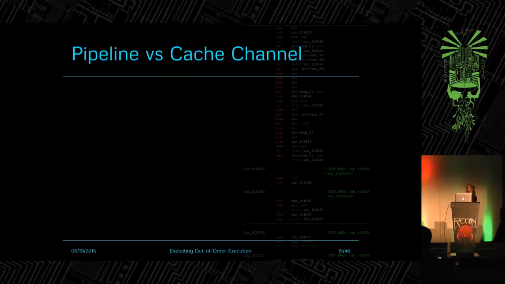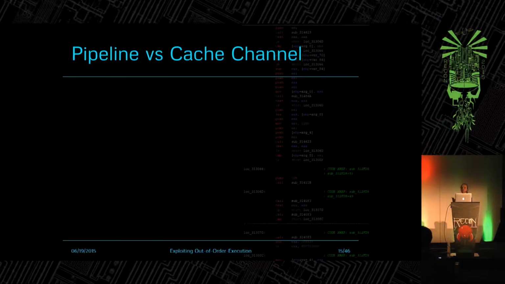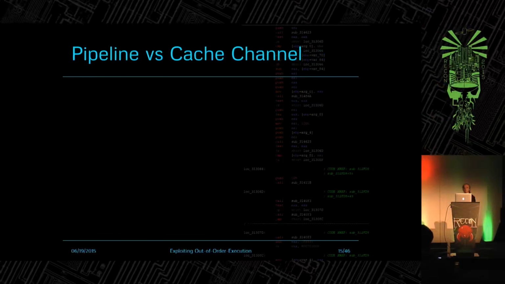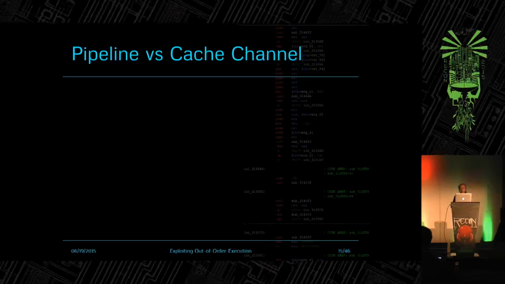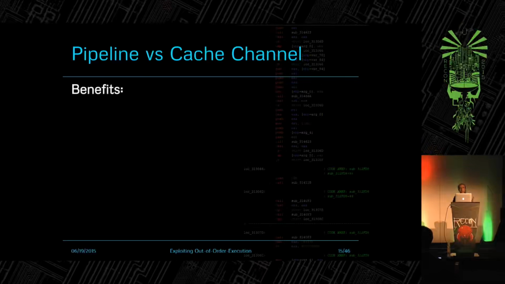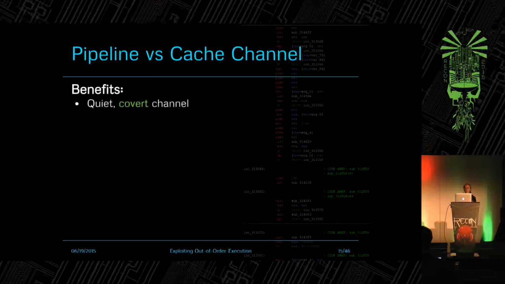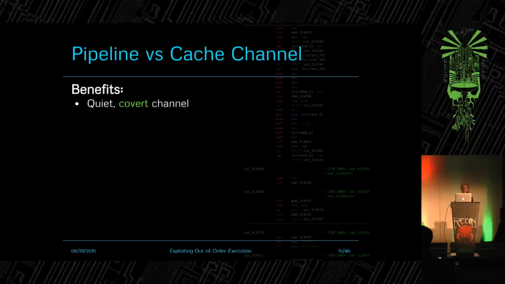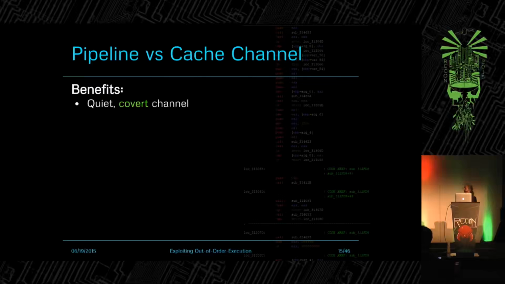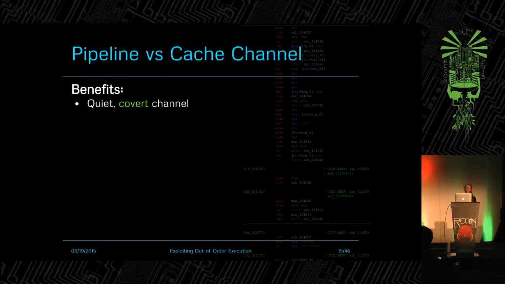Now, specifically, my research involves attacking the pipeline. So how can we use the pipeline in a similar way that most people use the cache to create side channels? Well, there's a couple benefits of the pipeline versus the cache. The first, it's quieter. It's much harder to detect that someone's misusing the pipeline as opposed to the cache, simply because the cache is easier to query or interact with.